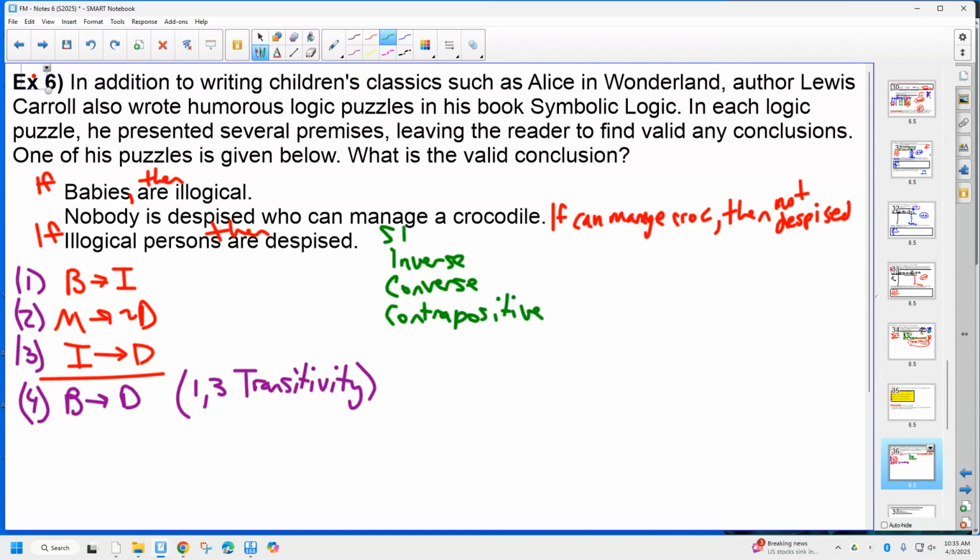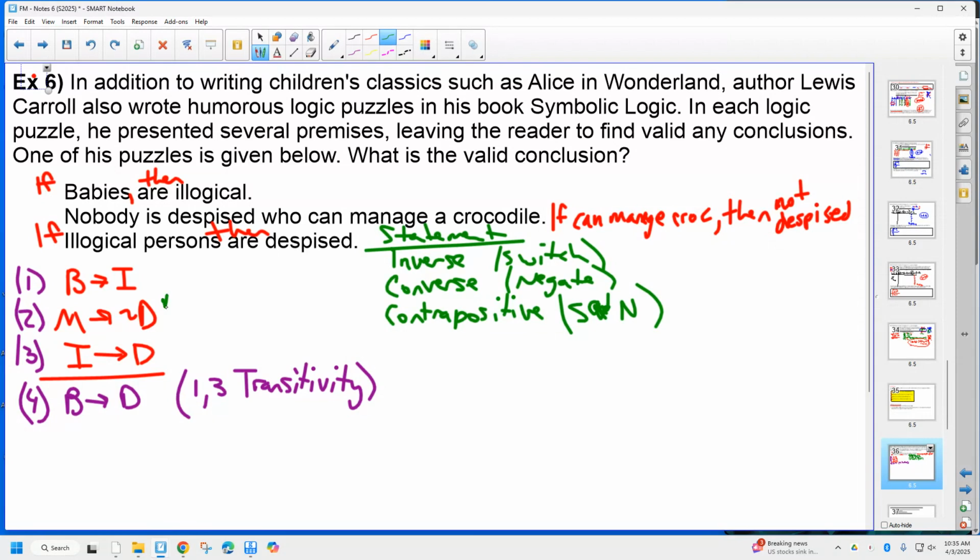So you've got some kind of statement, and you switch it, and you negate it, and you switch and negate it. That's supposed to be and. The contrapositive, you switch it and negate it.